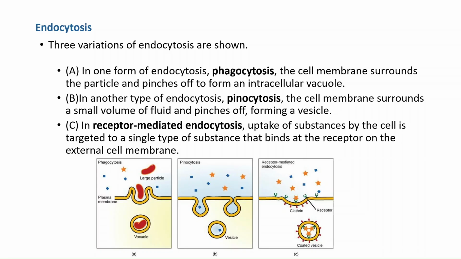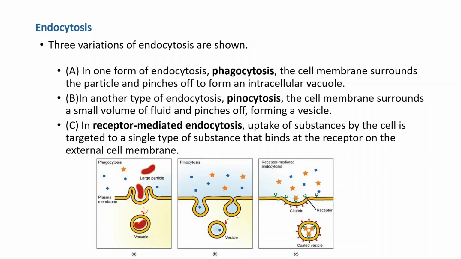You have a large particle, maybe it's a bacteria because you're a white blood cell, doesn't matter. The plasma membrane surrounds it, makes a vesicle, and the particle comes in. If instead of a solid particle it's liquid, that's called pinocytosis, but it's the same idea. The plasma membrane surrounds it, makes a vesicle.